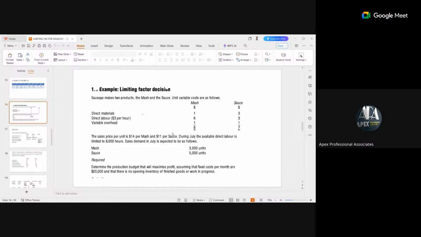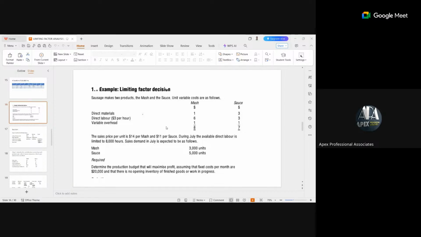Now, since the limiting factor in this question is direct labor hours, we need to determine the direct labor hours per unit. That is, for us to produce 1 unit, how many hours are we going to use?